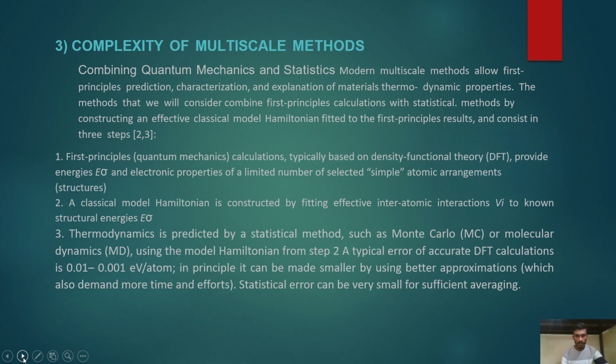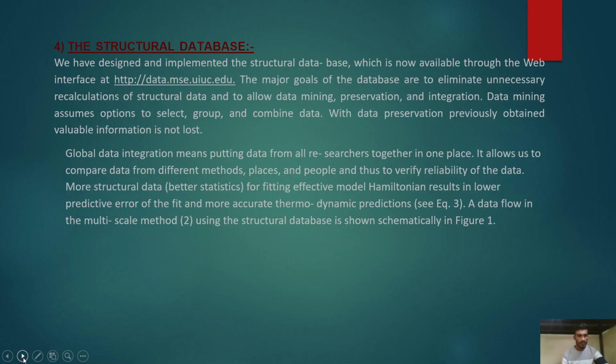A typical error of accurate DFT calculations is 0.001. In principle, it can be made smaller by using better sufficient averaging.